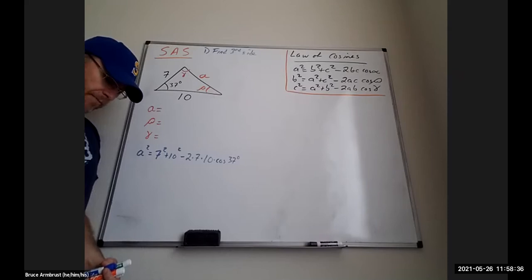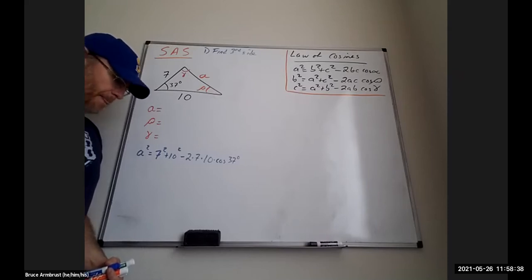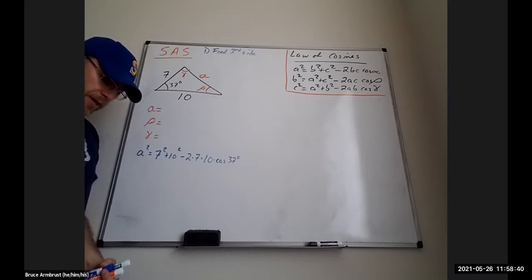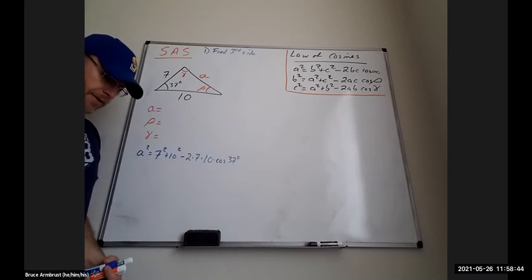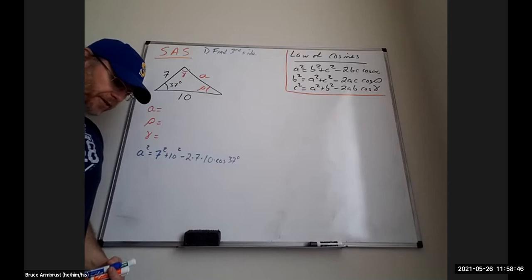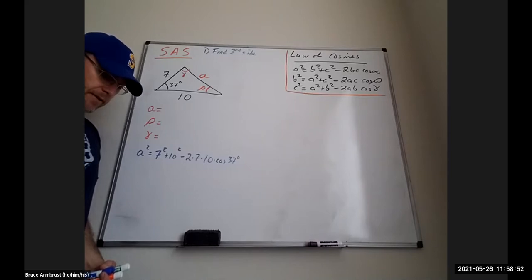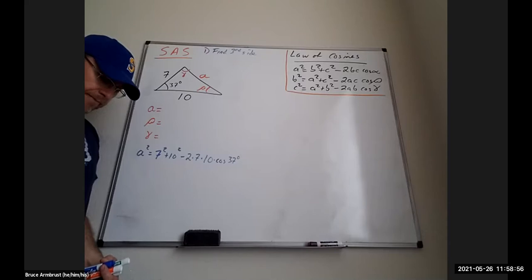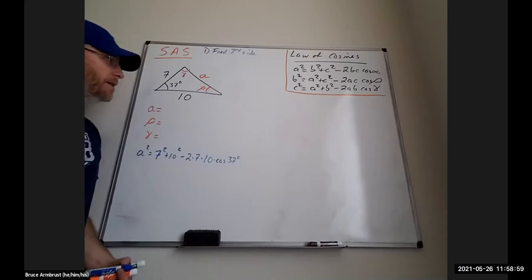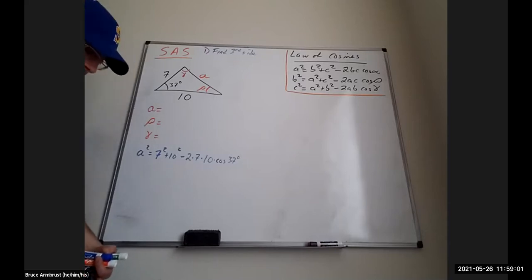All right, so go ahead and put this stuff into your calculator. As always, I'm going to warn you, make sure that you are in the correct mode. Make sure that your calculator is going to calculate this with degrees and not radians. So just make sure you're in the right mode. But you do this computation and you get a value of 6.098.